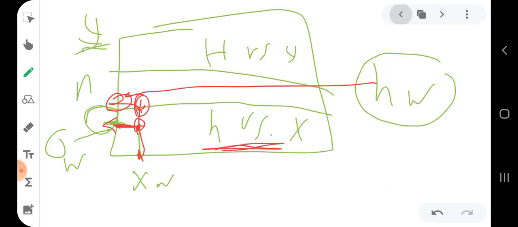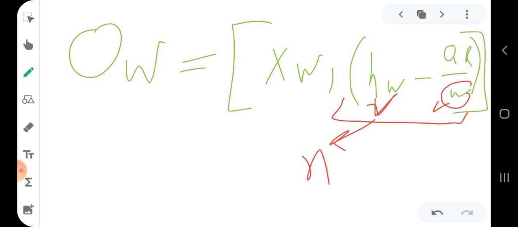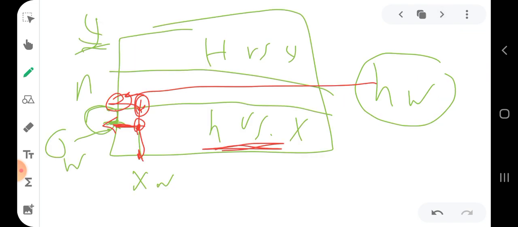So I will have a number N that I read from the graph at OW from the y-axis.